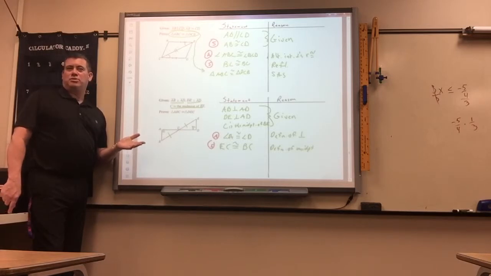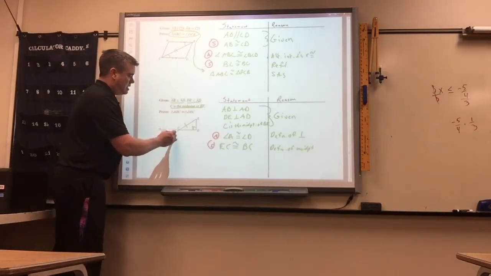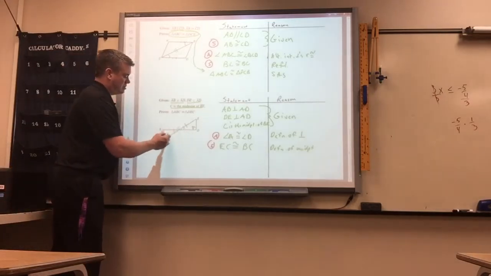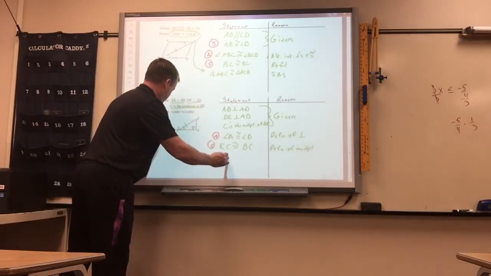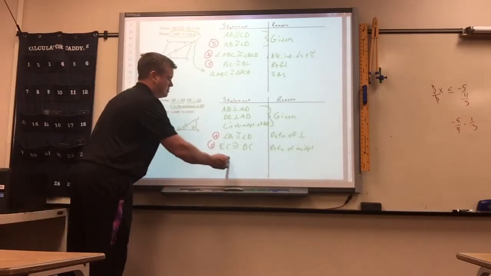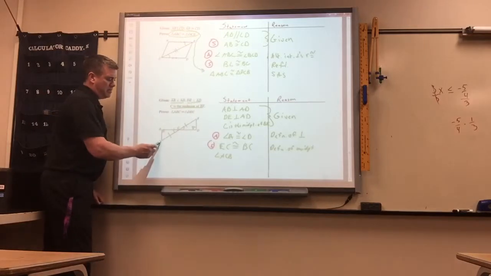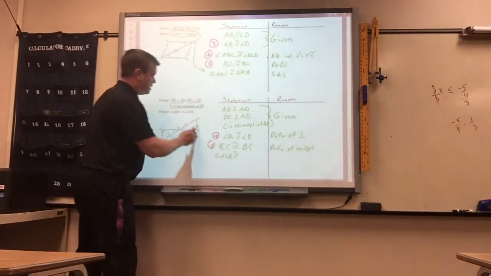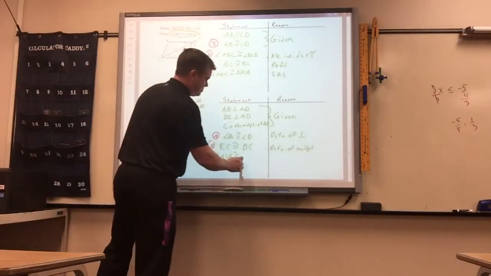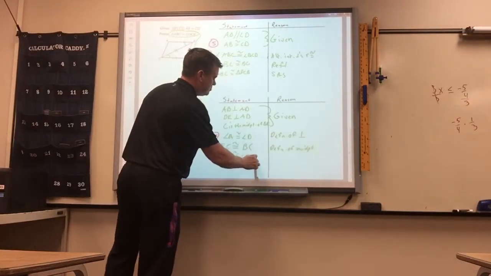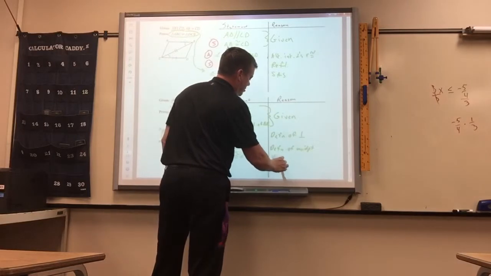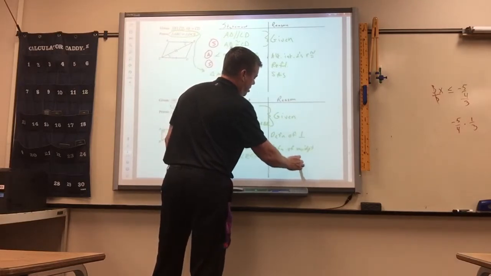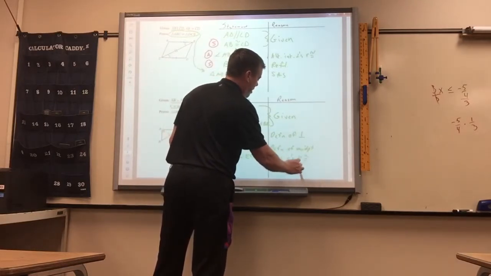So what else is true in this that you know just by looking at it? Vertical angles. This angle equals that angle because they're vertical. Angle ACB, or you could call it BCA, it doesn't matter, is congruent to ECD, because vertical angles are congruent.